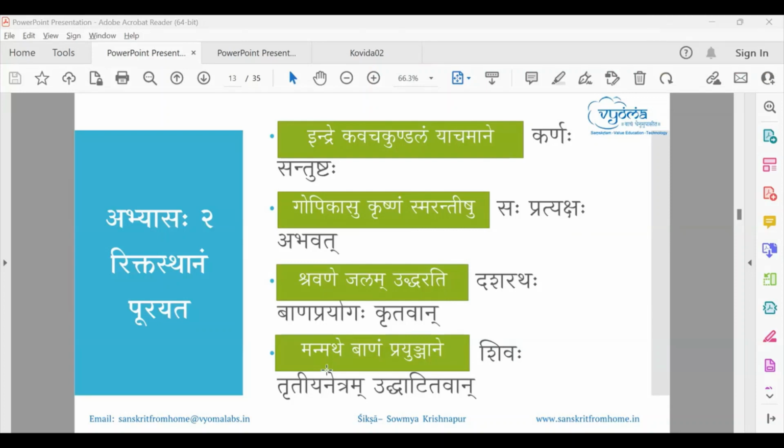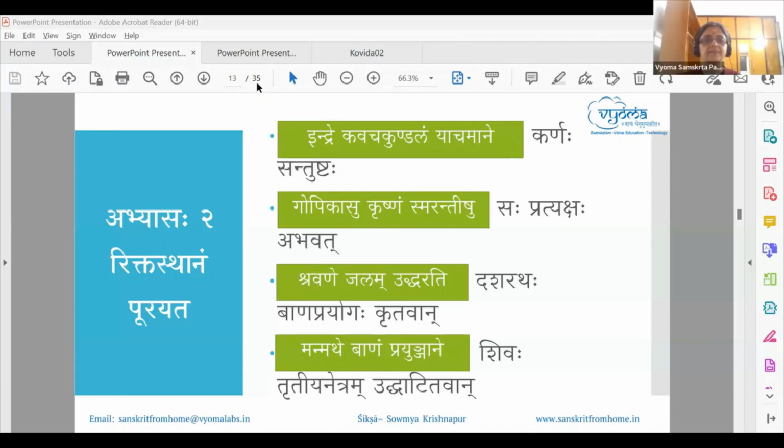Just when Manmatha used his bow, Shiva used his third eye. Udghatitavan is opened. He opened his third eye. Uttam. Dhanyavada.